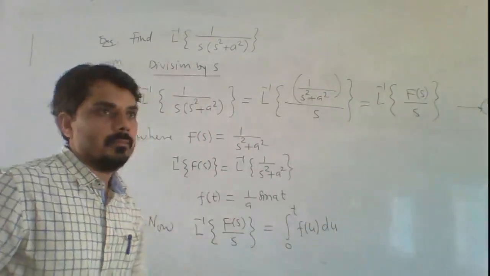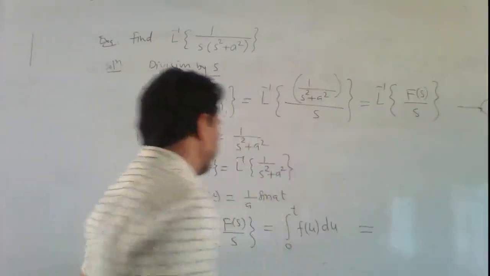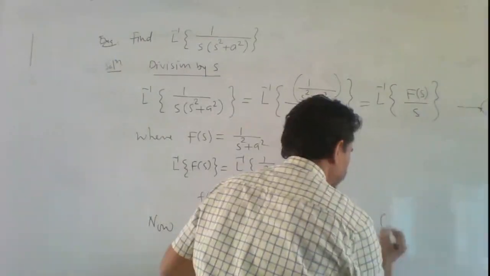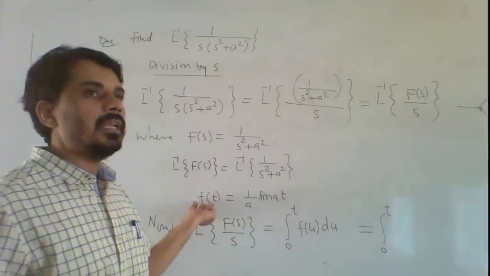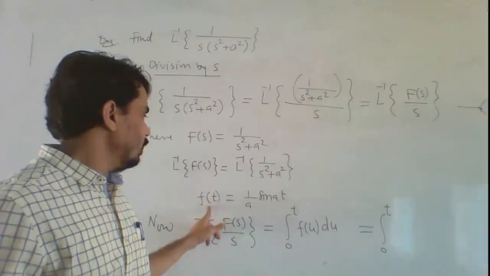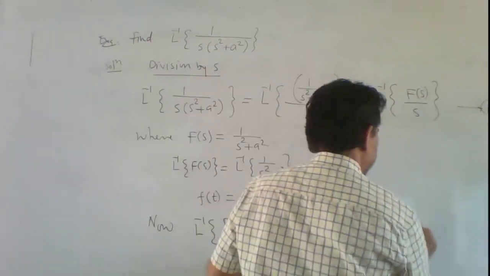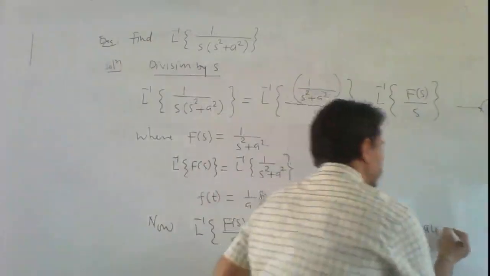This is the formula for the division by s property. We have f of t, so replace t by u: integral 0 to t of 1 by a sin a u du.